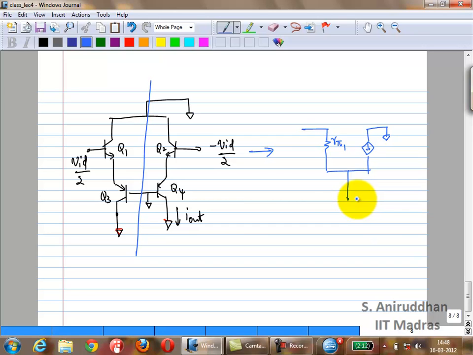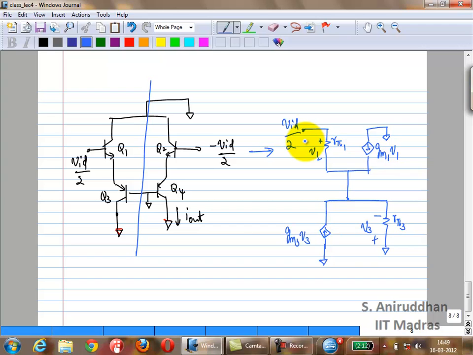What goes down here? So I'm going to call this V1 and V3. Correct?